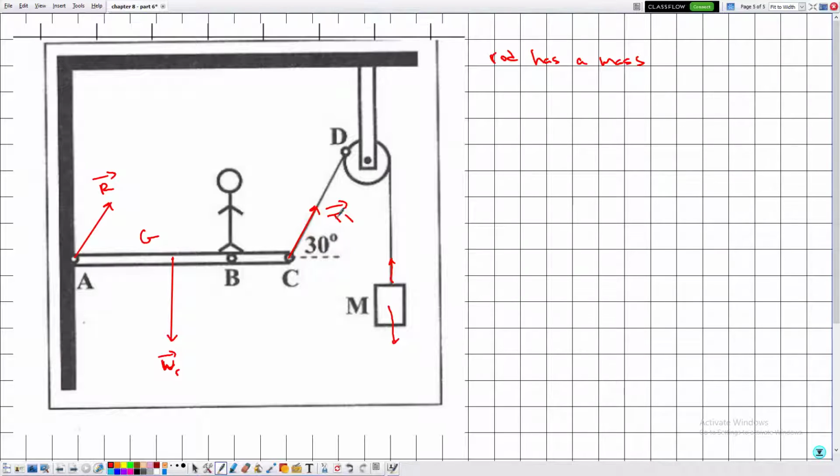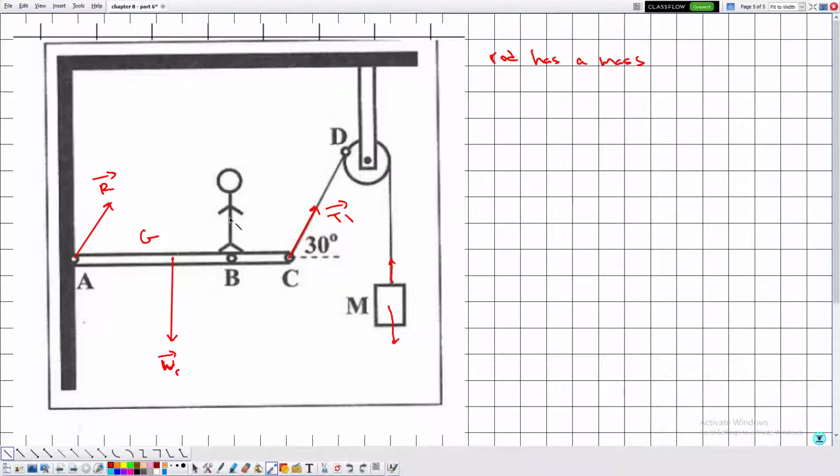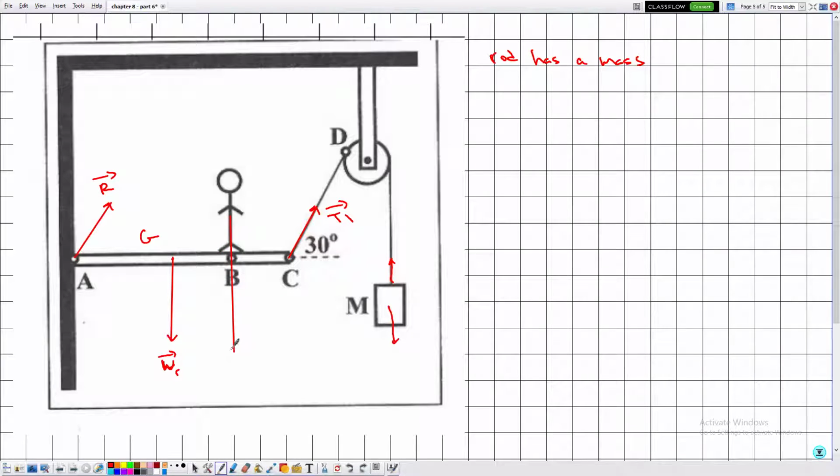Now there is another force acting on the rod, which is the force due to the weight of the man. So one can say, for example, we can represent the weight like this. This is the weight of the man, and this is the point of application G of the man. So this is G1 and G2, and now we can start to calculate the moments.